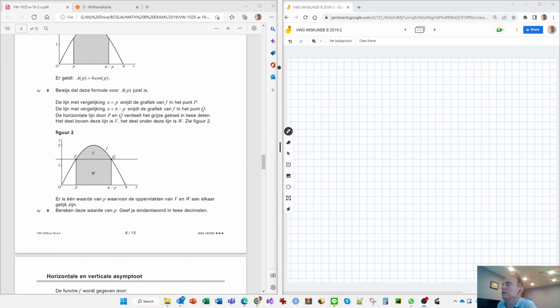Question 9. We intersect the graph f with these vertical lines, and these intersection points are P and Q. And this horizontal line divides the total area in two.